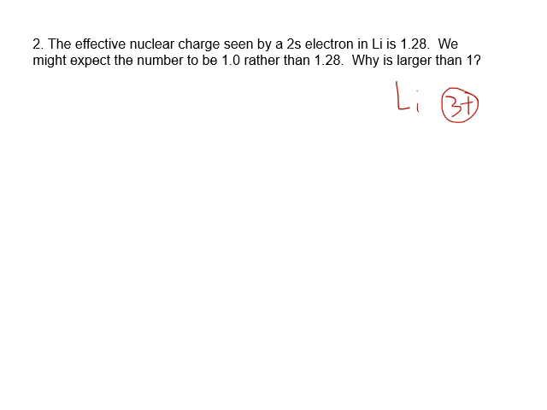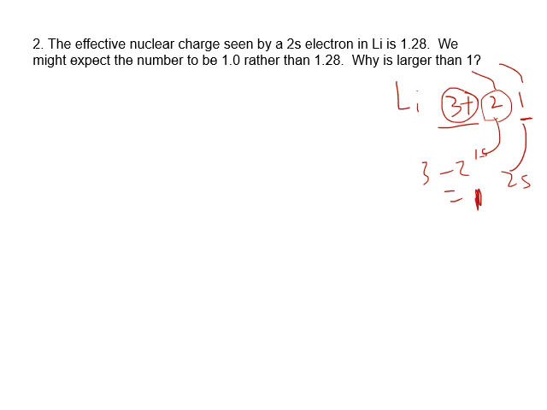There are 2 electrons in the 1s orbital and 1 electron in the 2s orbital, and if the 1s orbital is completely inside the 2s orbital, then you would expect the electron in the 2s orbital can only see charge 3 minus 2, that's 1.